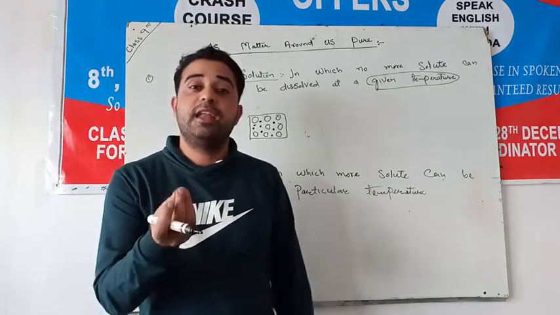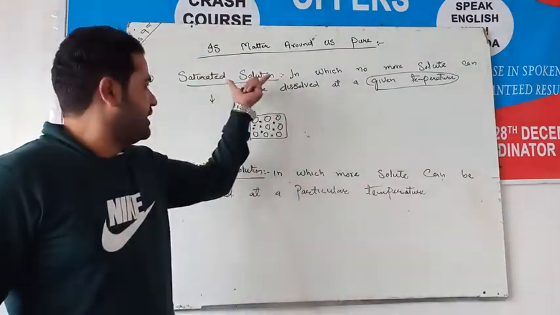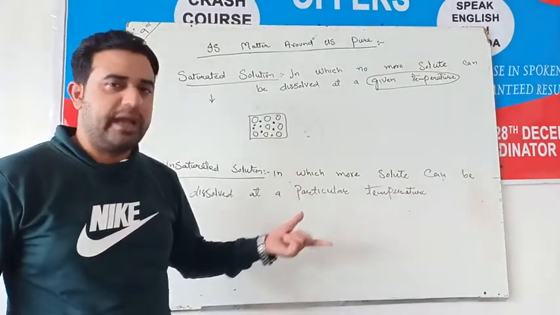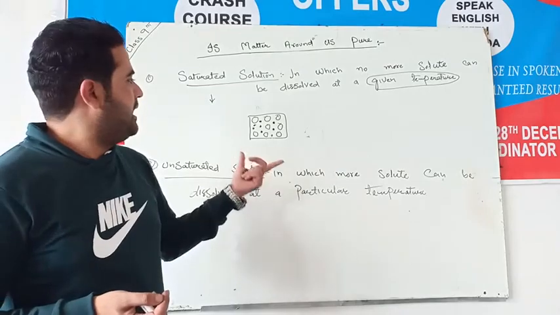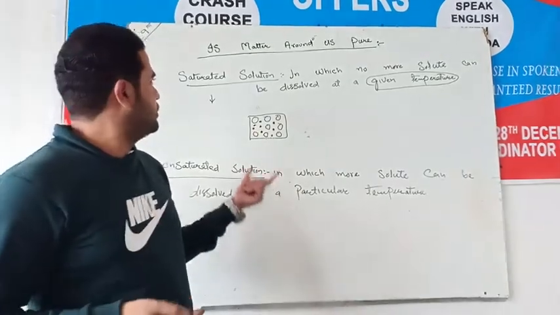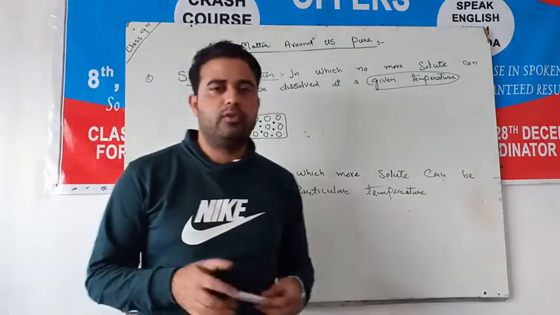That means we can add more solute to it. So we can make a saturated solution unsaturated by increasing the temperature to a certain level, and at that temperature we can add more solute. At that time it becomes an unsaturated solution. That is all for today. Have a nice day.